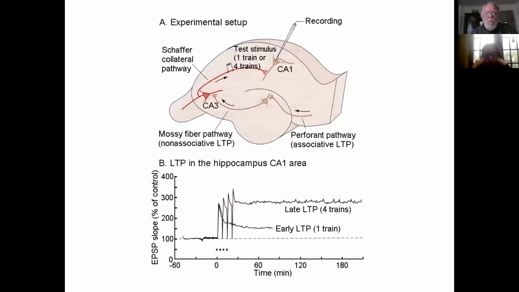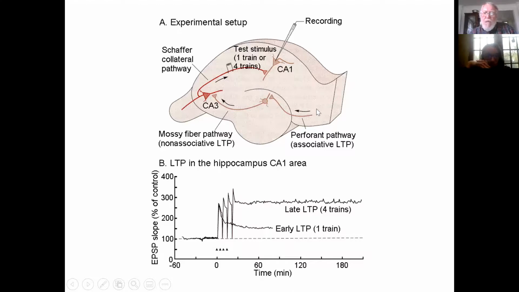So now a number of different things were done in order to study the hippocampus and memory. And one thing that would be studied is the perforant path, which is associative long-term potentiation.